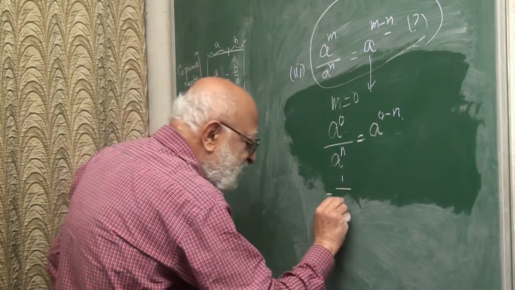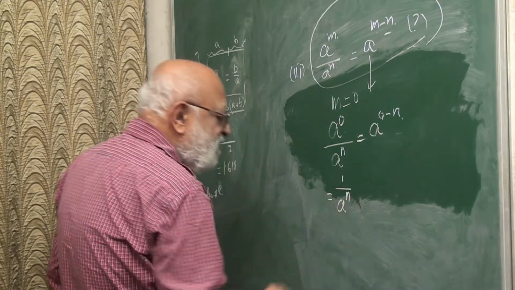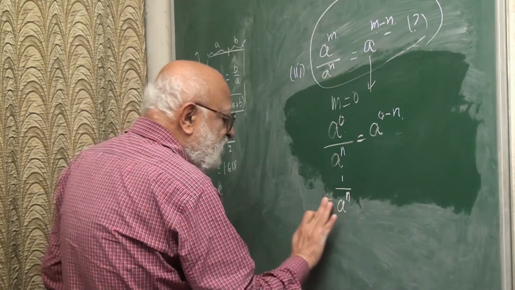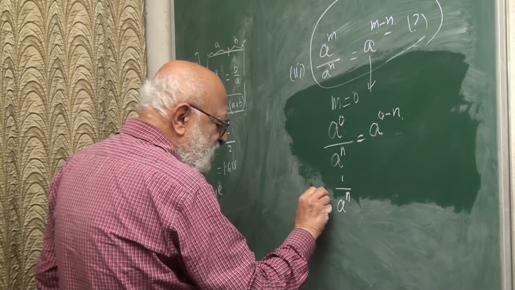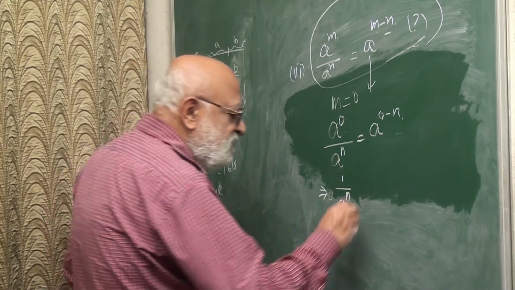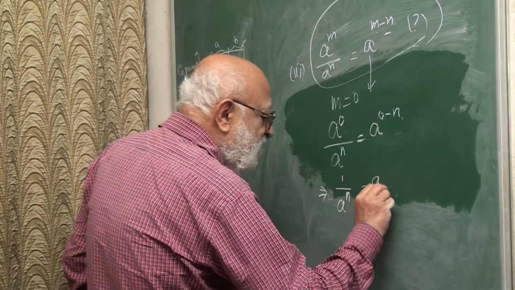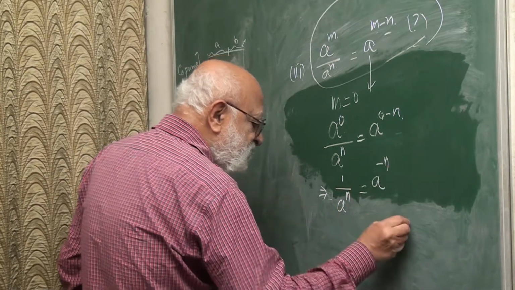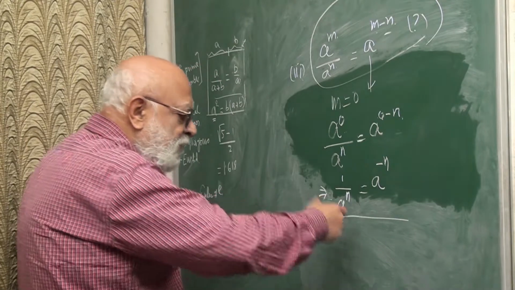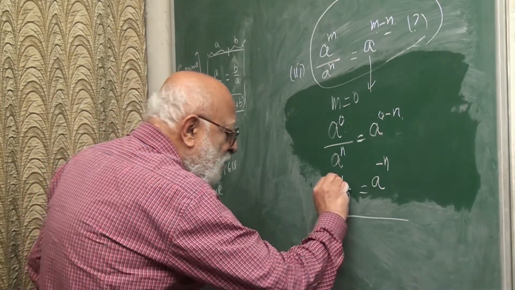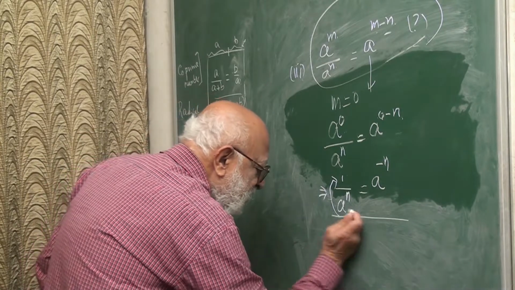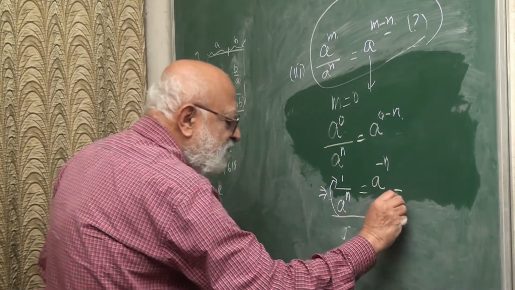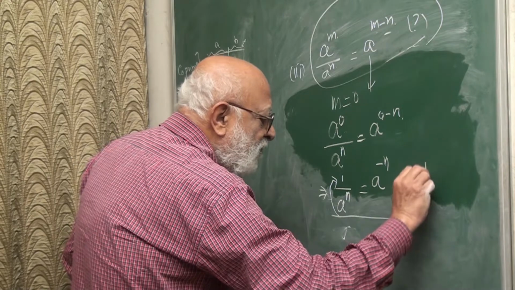And this should be a to the power n. So this would be a to the power minus n. When I flip it over, that means when I take it up, the negative sign comes. So it becomes a to the power minus n.